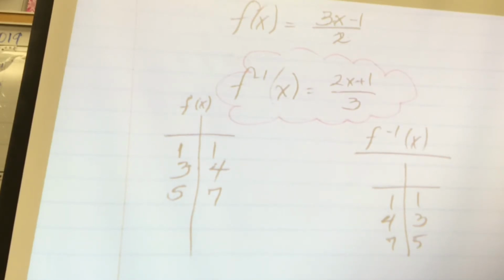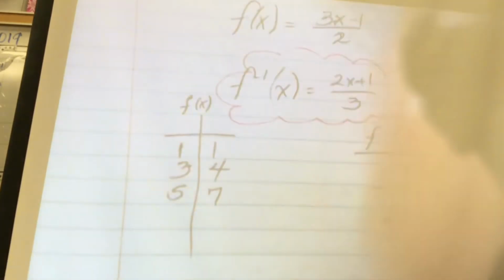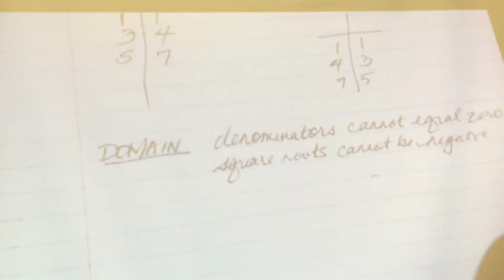Oh, we need to go over domain and range. I'm stopping in about 7 minutes because I need to go over domain and range. Corner seats continue, so we want to remember something about our domain.